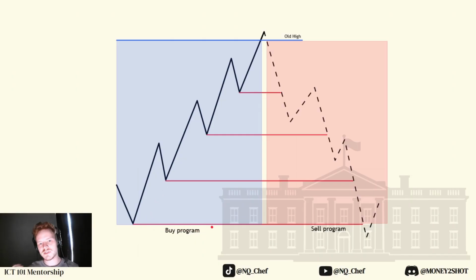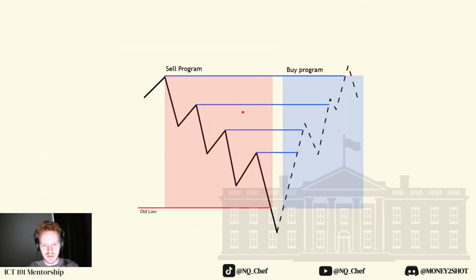We want to be like the institutions. We don't want to be the prey of the institutions, because retail views these areas as support. Retail puts their stop here because they see this level as a point that market shouldn't break. Vice versa in this example. If retail is shorting here, they see these points as support.